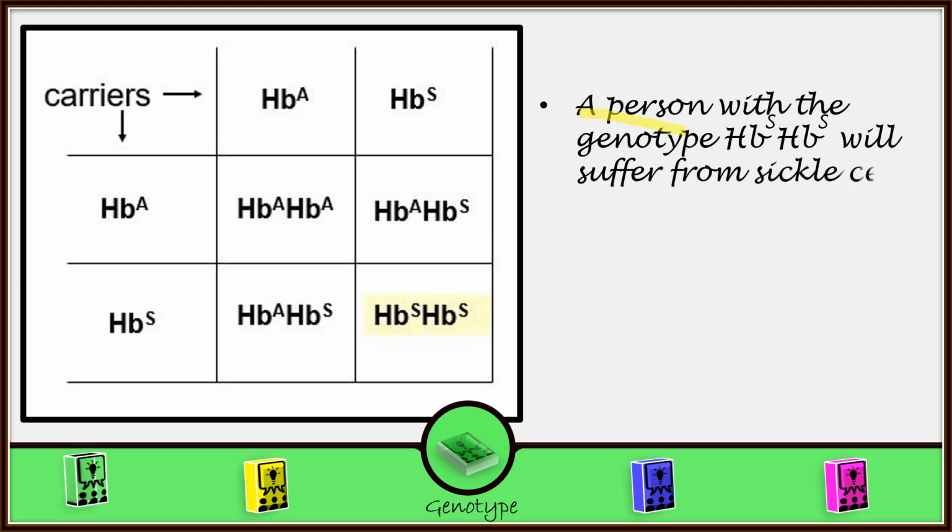A person with the genotype HbS HbS will suffer from sickle cell anemia. This person here, who is having a genotype of hemoglobin sickle, hemoglobin sickle, is going to suffer from sickle cell anemia.